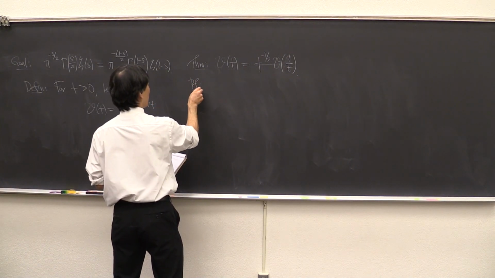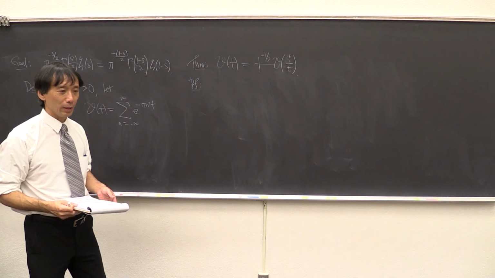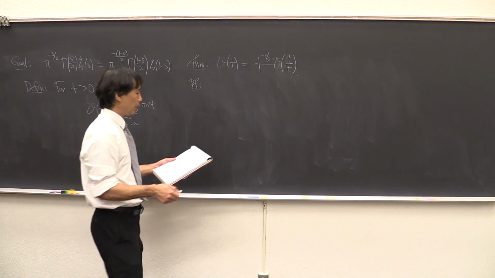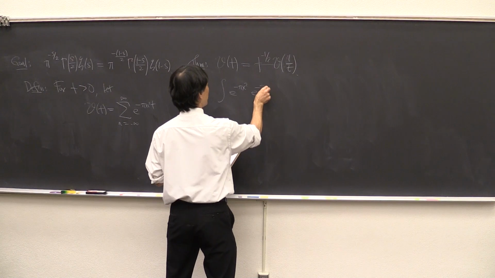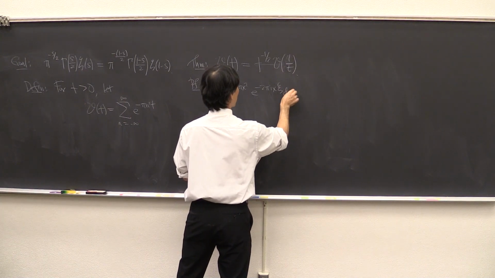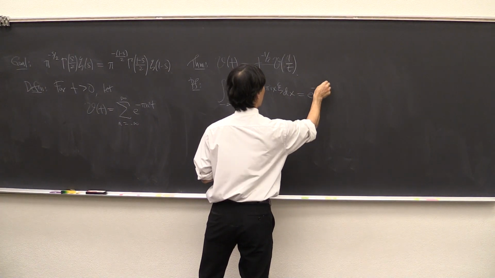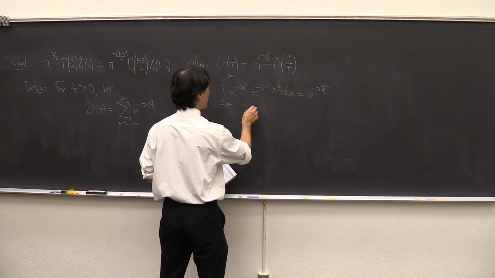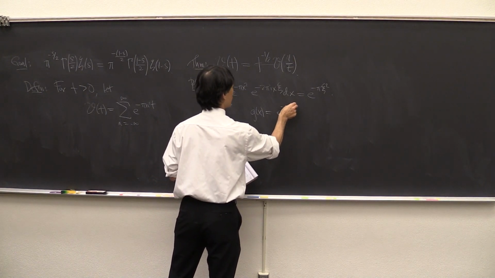And the proof of this relies on a calculation that we did a long time ago using contour integrals in chapter 2. It was the following, that the integral of e to the negative pi x squared, e to the negative 2 pi i x c dx equals e to the negative pi c squared. So this function we call g of x, e to the negative pi x squared.